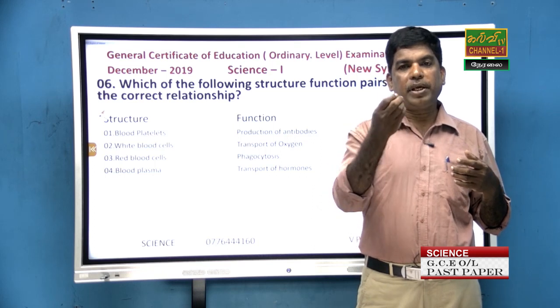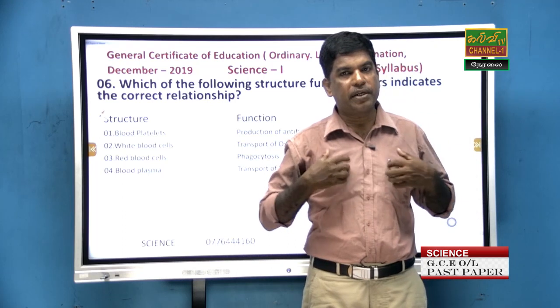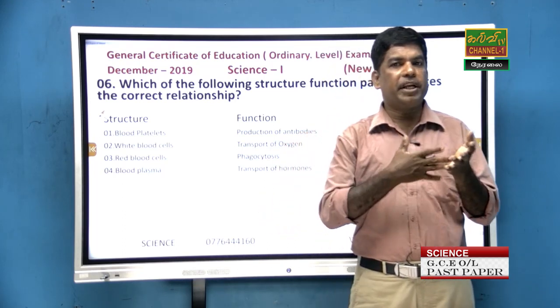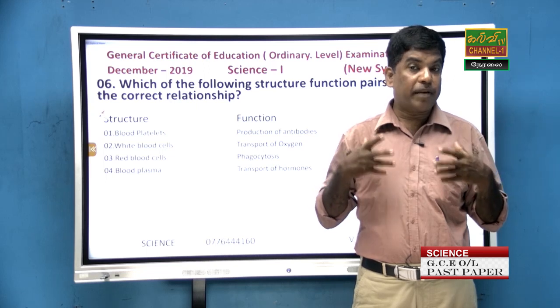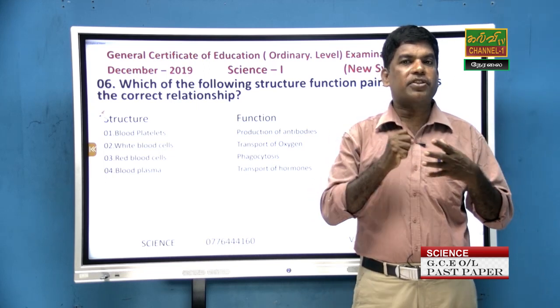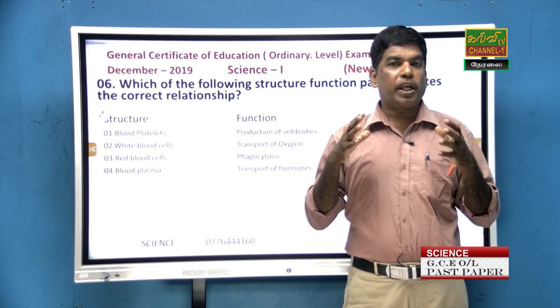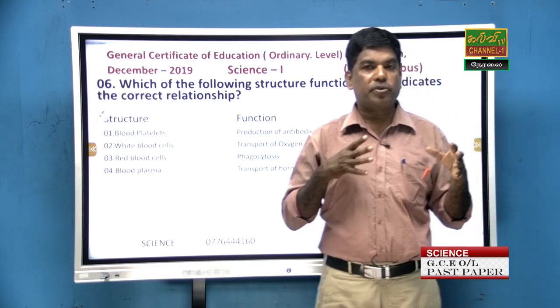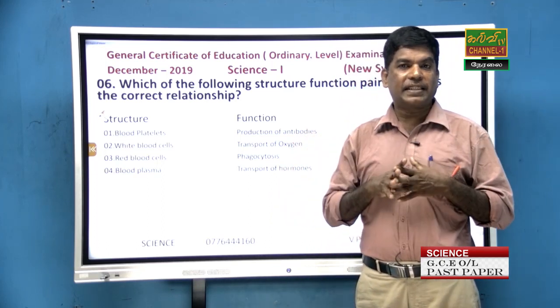When TB bacteria are inhaled, sometimes they spread to the lungs and contaminate our body. At that time, white blood cells destroy that bacteria. That is called the immune system. It happens automatically by the white blood cells.